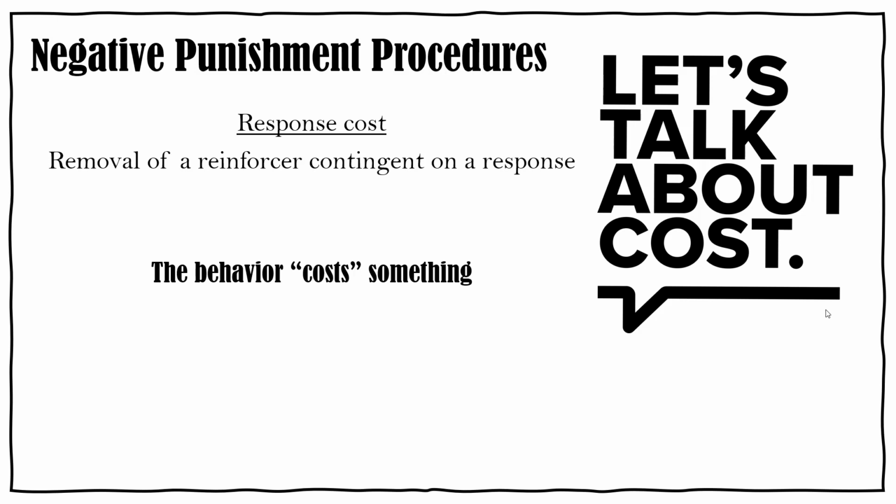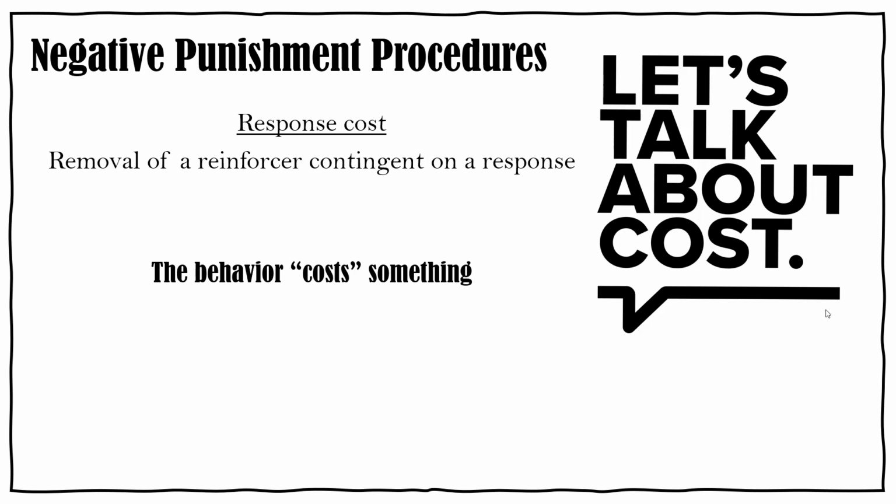You have money in your bank account, you speed, you get pulled over, you get fined. So the behavior essentially costs something, literally. You have to pay this fine, whether it be $25 or $100, and therefore hopefully you are not going to speed in the future. So your behavior of speeding is going to decrease if your response cost procedure is effective.